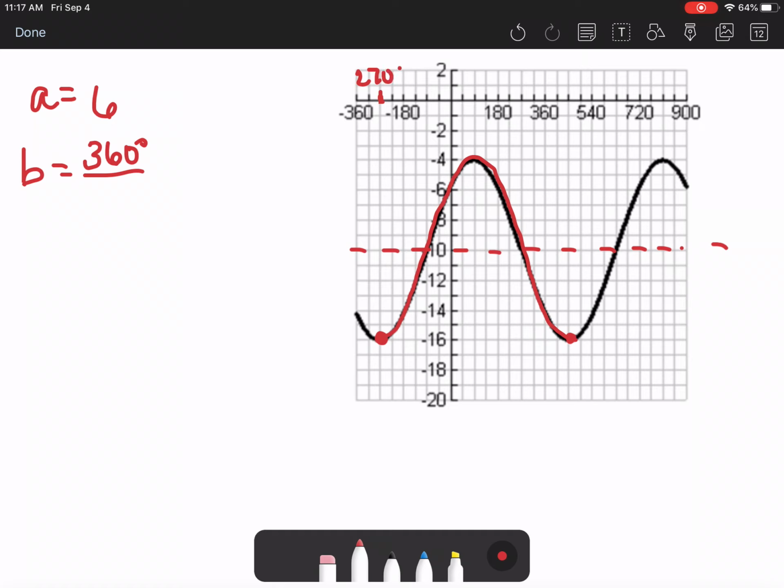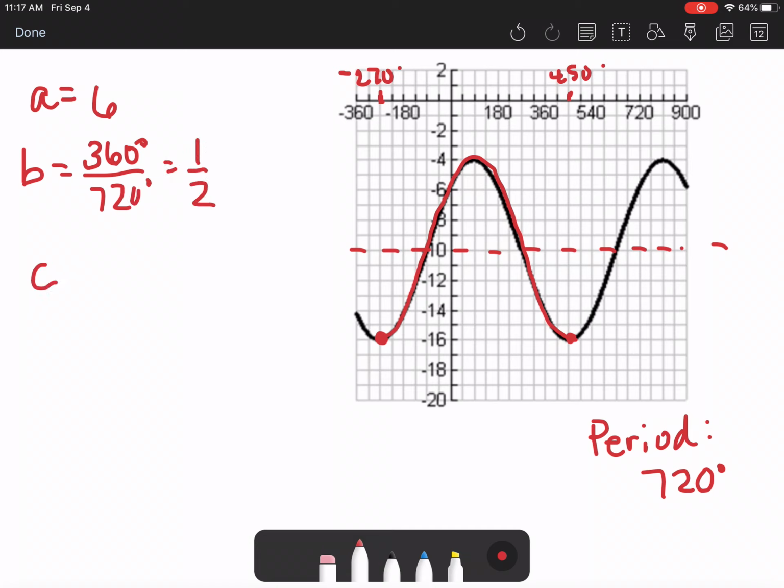And then I end over here halfway between 360 and 540. That's 450 degrees. So from negative 270 to 450, that is 720 degrees. So the period for this graph is 720 degrees. Okay, so we're going to divide 360 by 720 and we get 1/2.